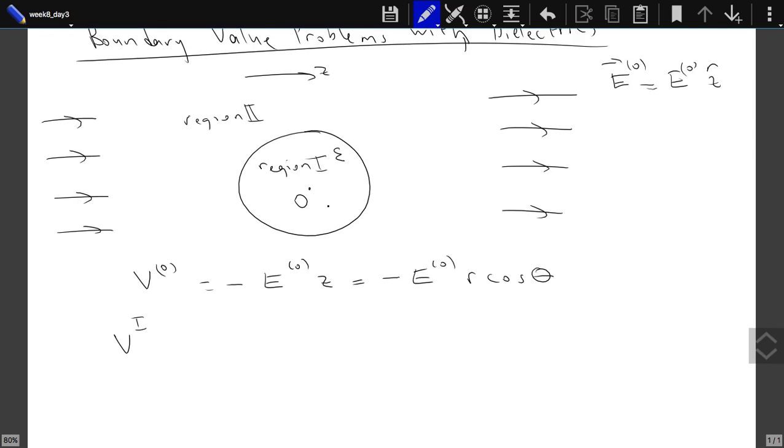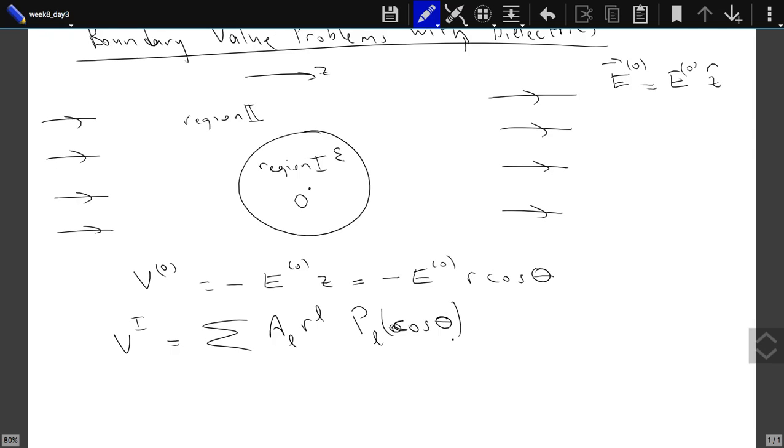My z-axis is horizontal in the direction of the electric field. X-y-axis, well, you can pick any direction that you like. And the potential inside the sphere should have this form. This is the potential inside.